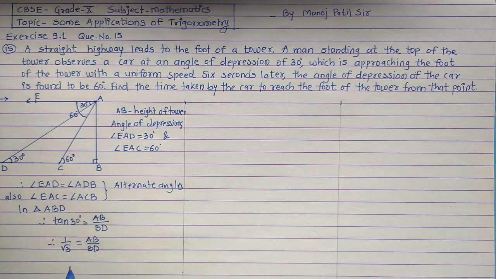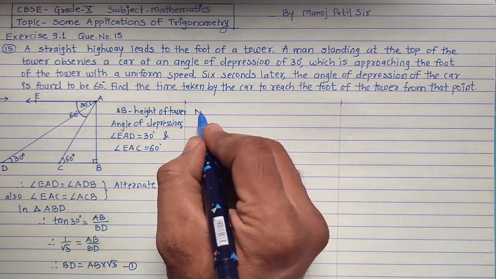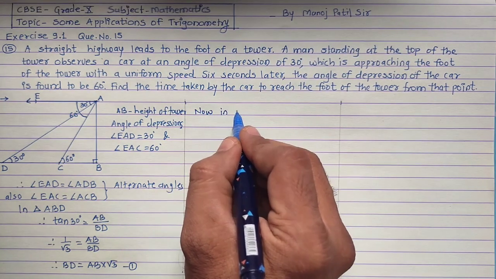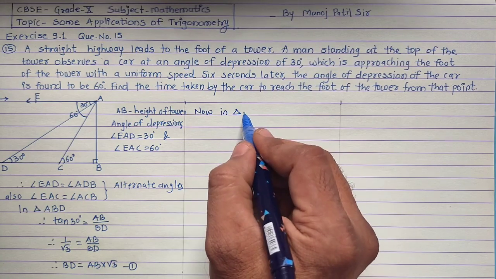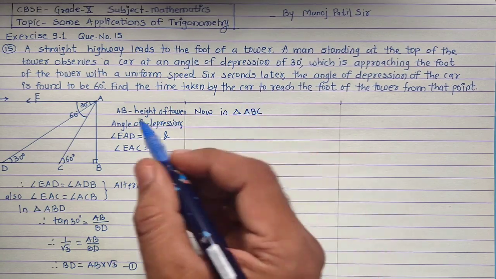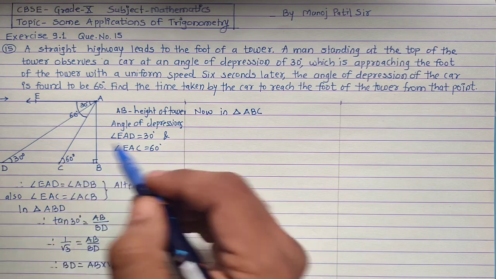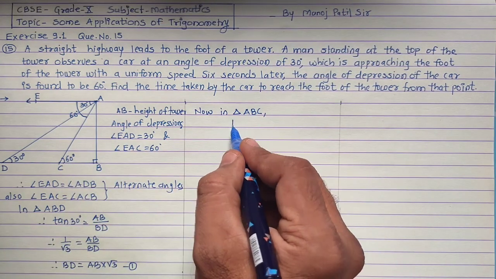Now let's find the value of BD here. Therefore we can write BD is equal to AB into root 3. This equation we want to use, therefore we will call it equation number 1. Now in triangle ABC, we'll use the tan ratio again.